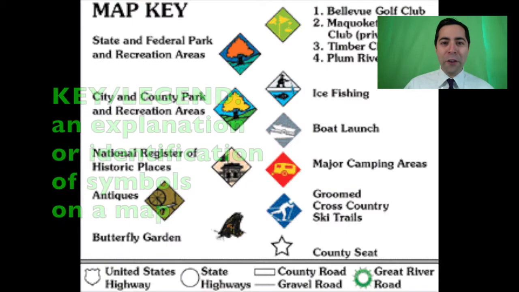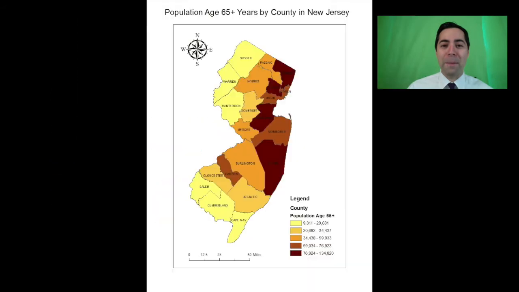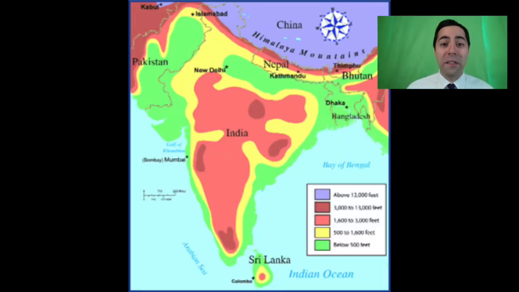Now, if you're looking at a map or a globe, you're also going to see something called a key or a legend. Now, what is a key or a legend? A key or a legend is basically an explanation or an identification of certain symbols that you will see on a map. So for example, there may be one that shows the different populations of cities.